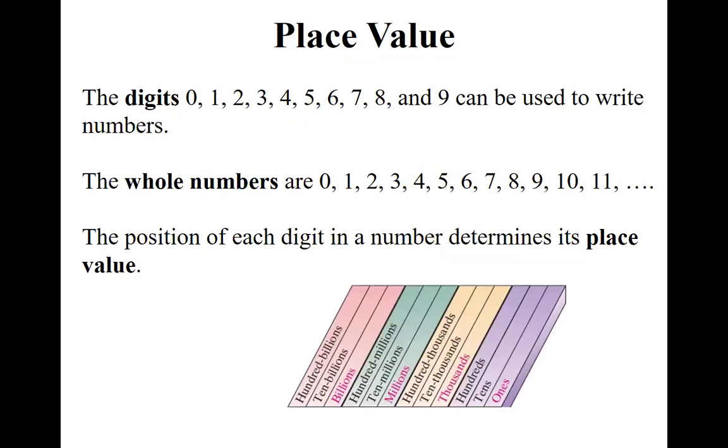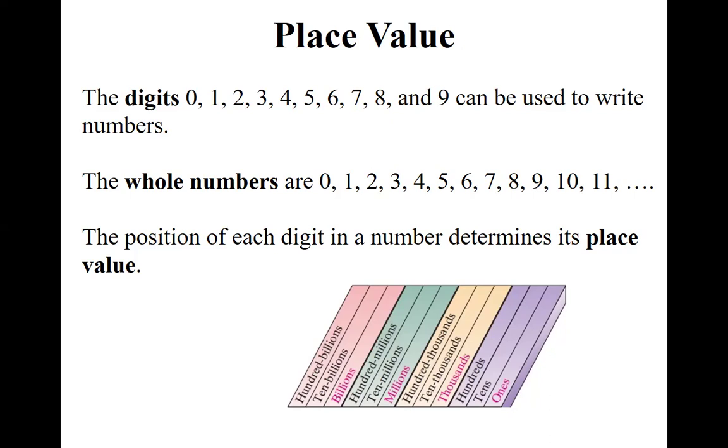We can't talk about place value without talking first about digits. Digits are the single digit numerals 0, 1, 2, 3, 4, 5, 6, 7, 8, and 9. And we use those digits to write numbers.